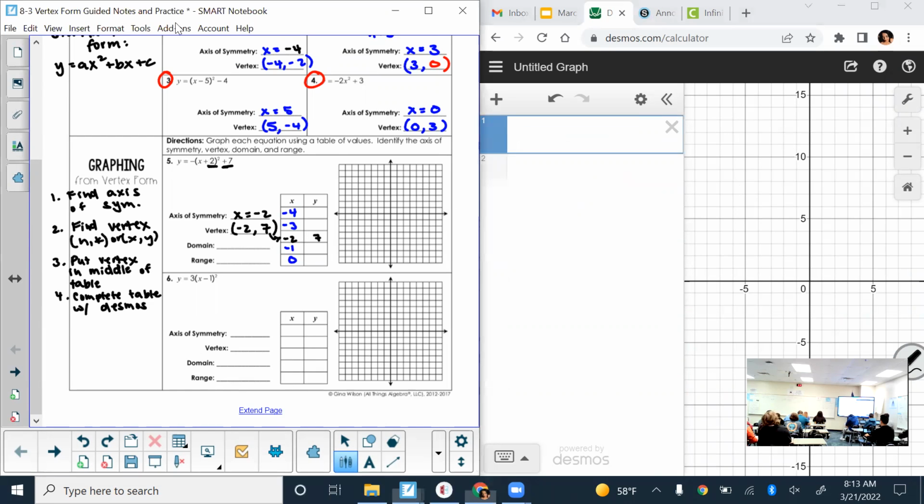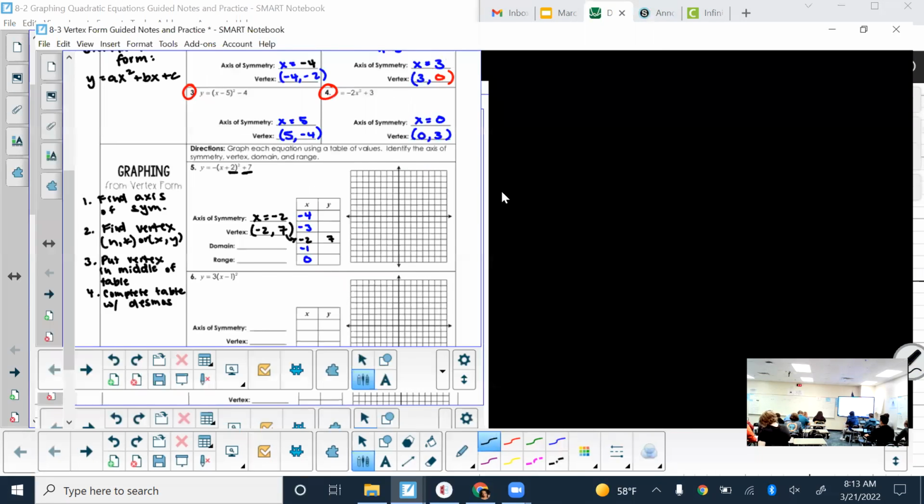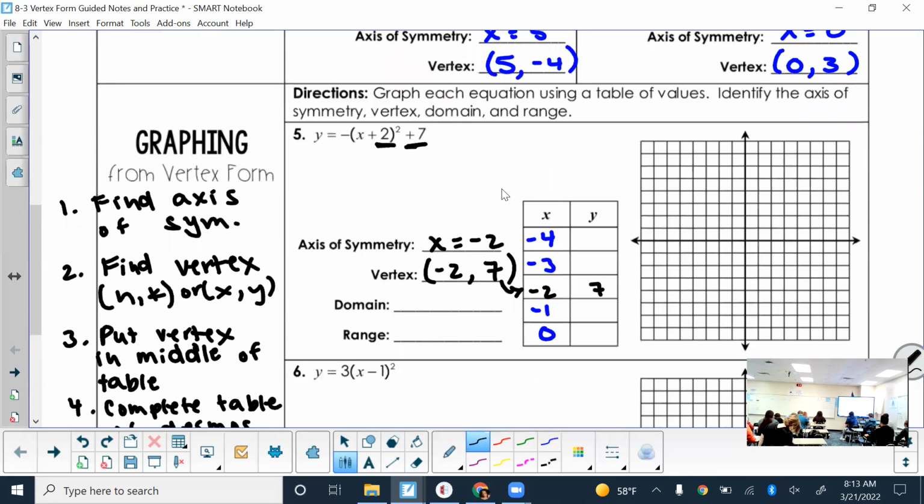All right, but anytime you plug stuff in, it's a good idea to use parentheses. And for your scratch work, I would at least like to see on your paper you plugging in at least one of the x's. That way you know how it should look in your calculator.